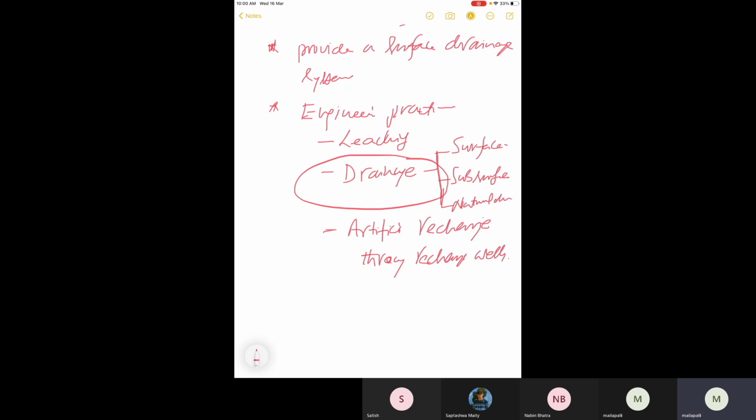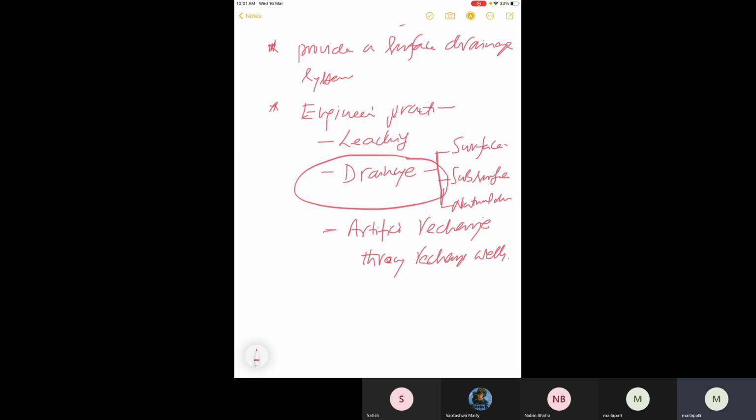The drainage that we talk about in this course, we are mostly focusing on field drainage. That means the drainage we provide should benefit not only the soil but also the farmer, in terms of production. So both soil health as well as the crop production.